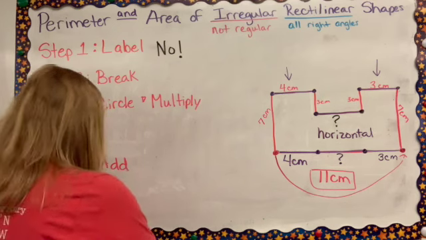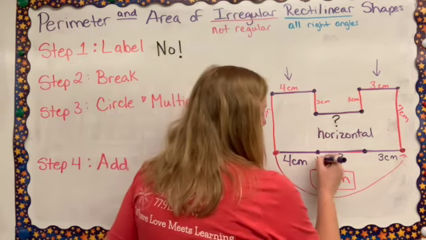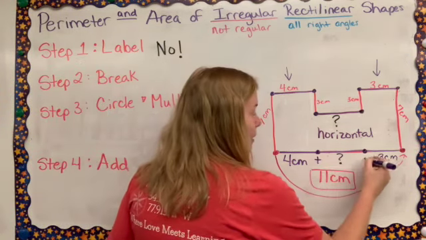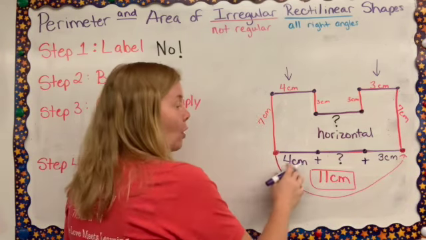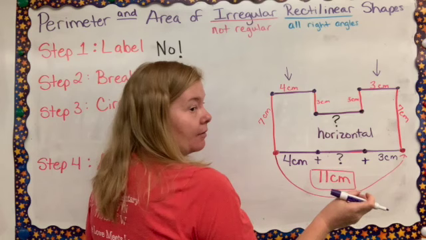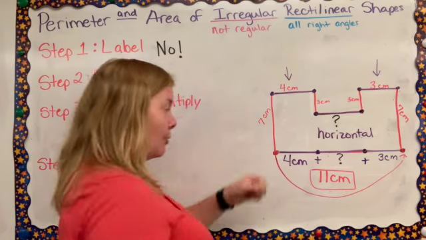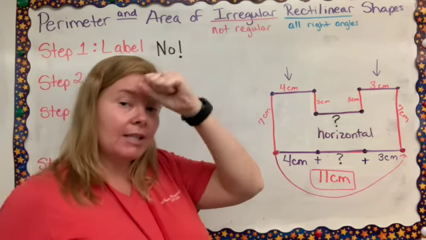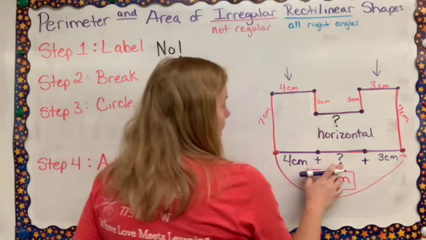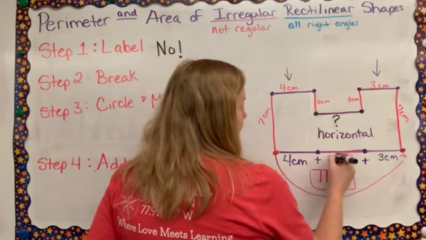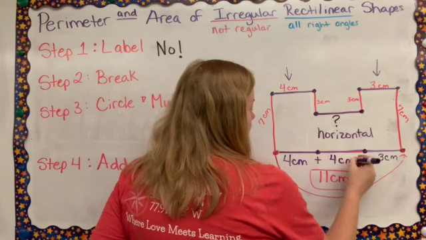Absolutely. You guys are getting really good at this. 4 plus something plus 3 gives me 11. So 4 plus 3 is 7. Put 7 in the bank and count to 11. 7, 8, 9, 10, 11. So that must mean that my missing side is 4 centimeters.